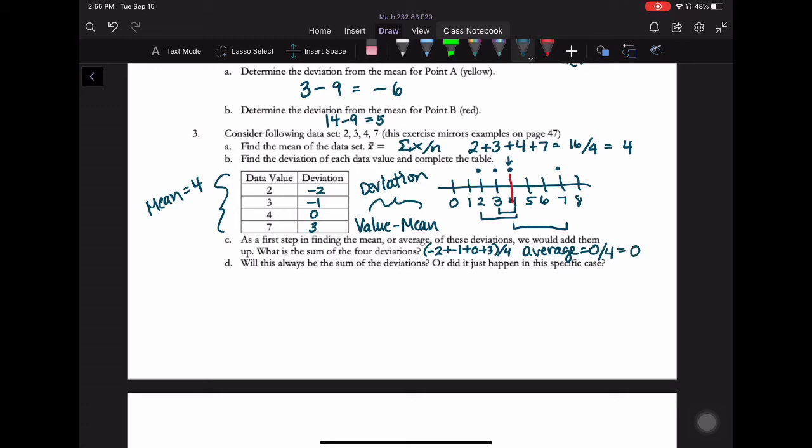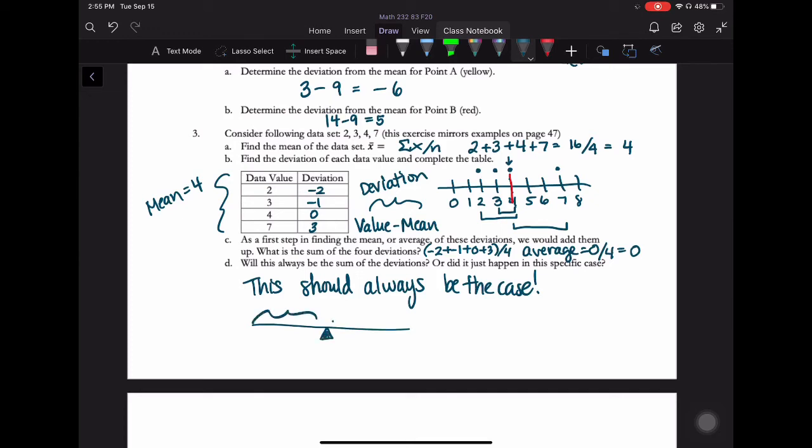Huh. Will this always be the case, or did this just happen? This should always be the case. Can you think about why? Remember that the mean is a balancing point, and you're balancing the values of the data and the distribution to the left and the right.